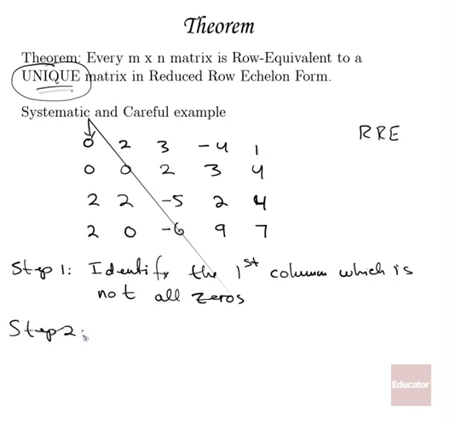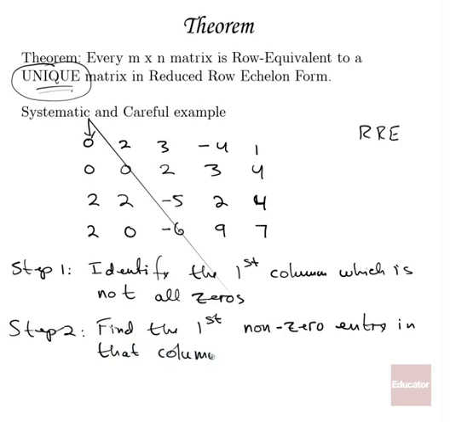Again, very, very systematic. Step 2. Find the first non-zero entry in that column. By the way, this column is called the pivotal column.